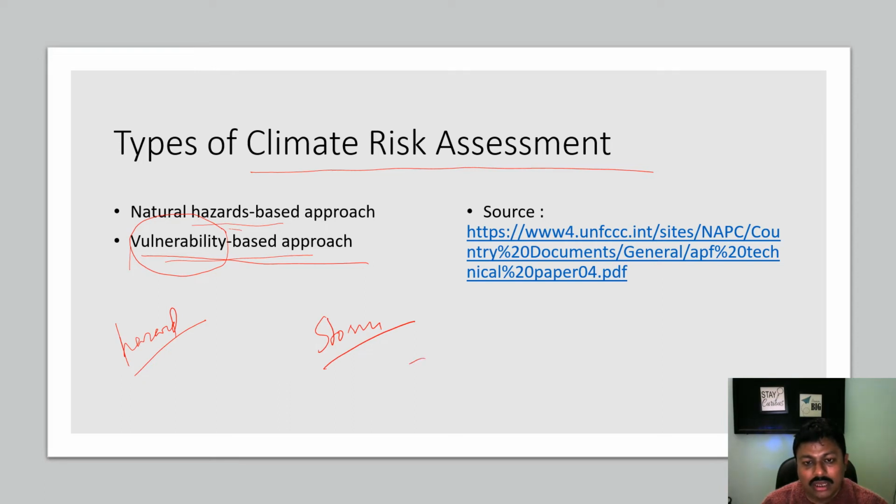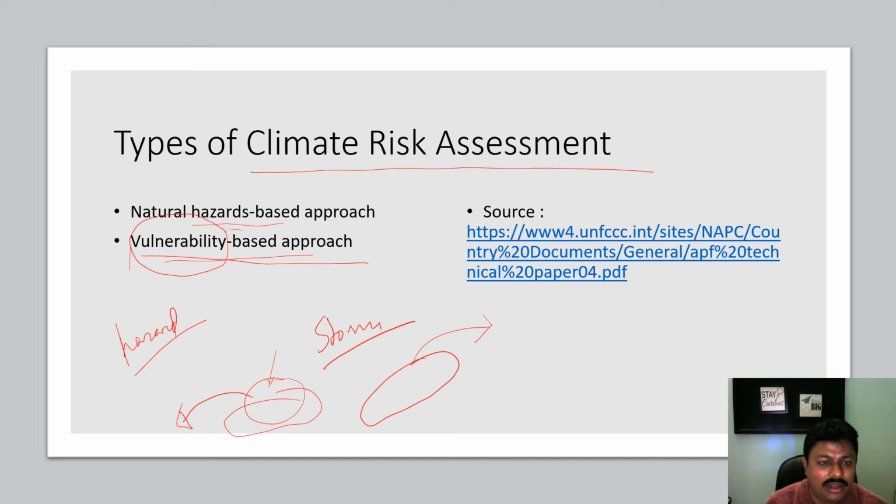Now, if this location has already shifted the inhabitants to another location, then the damage will be minimal. Life loss will be minimal. But if in another location a storm of the same intensity takes place, but that location does not have the capacity to shift its local population to another place, then the loss of livelihood will be more.